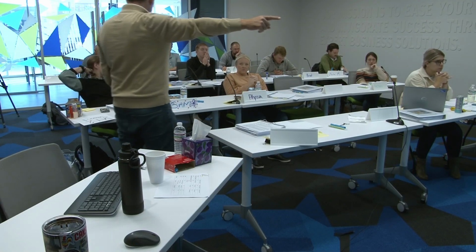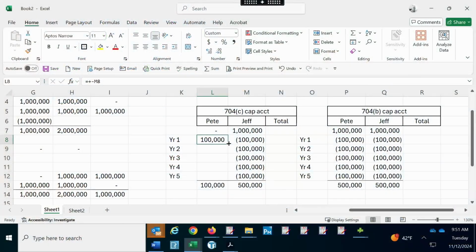What do you think the offsetting action would be? Would it be to jam Pete with $100,000 of income? So Pete's going to get a K1 with $100,000 of income on it.